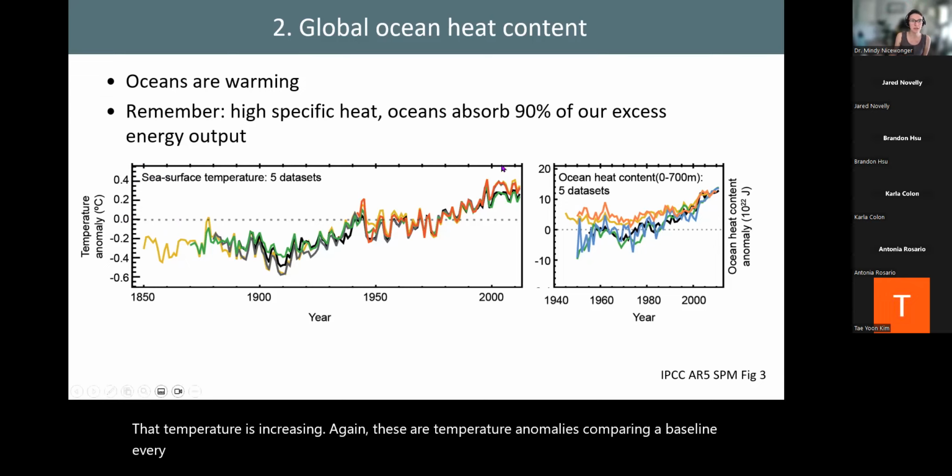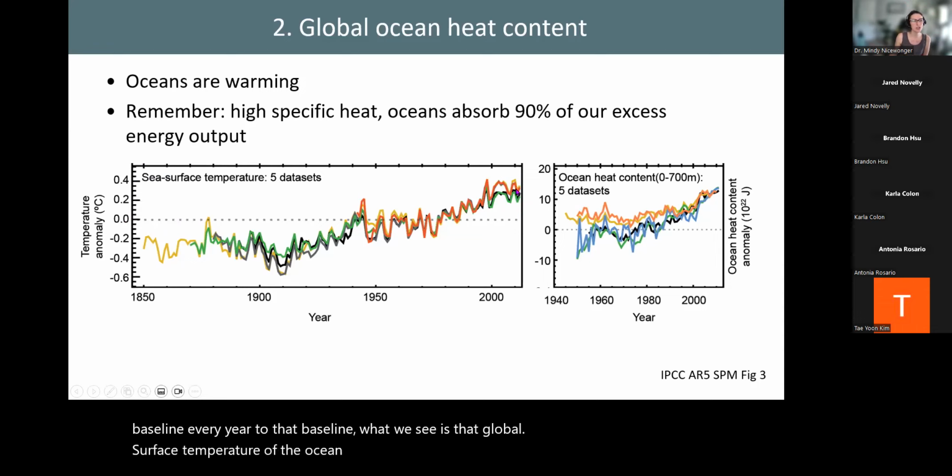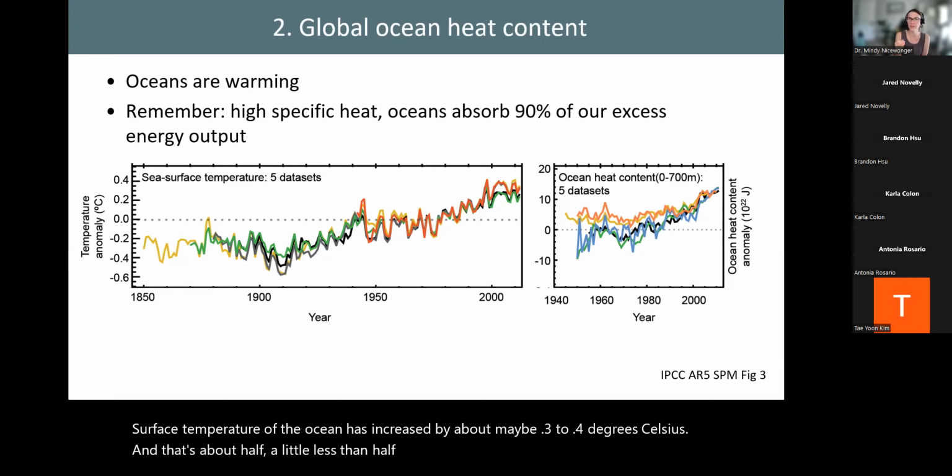Global surface temperature of the ocean has increased by about 0.3 to 0.4 degrees Celsius, which is a little less than half of what the atmosphere has warmed.